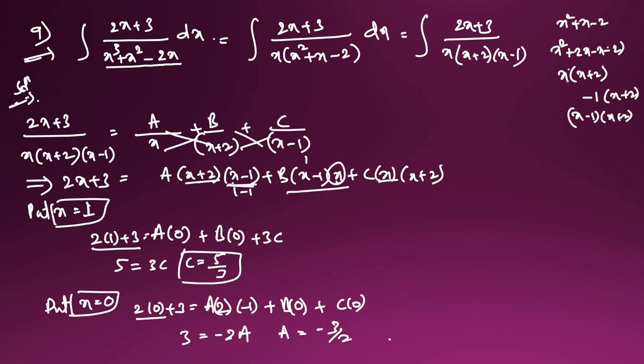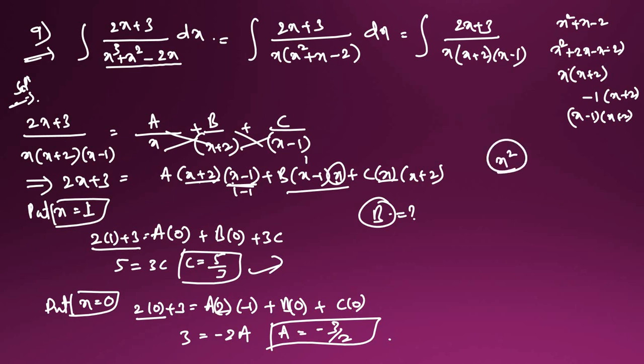Now we have the a value and the c value. We have to find the b value. So b is equal to how much? We could equate the coefficients of x square on both sides, but we'll not do this one.